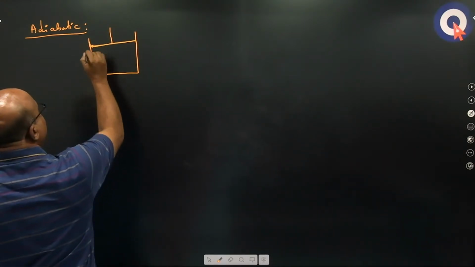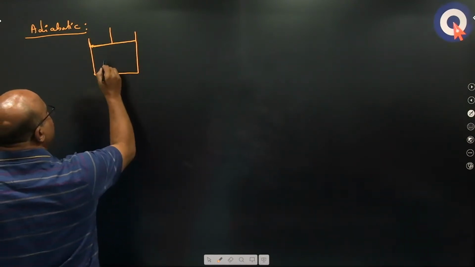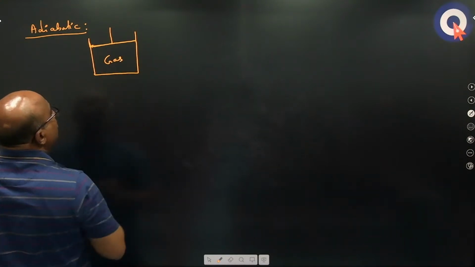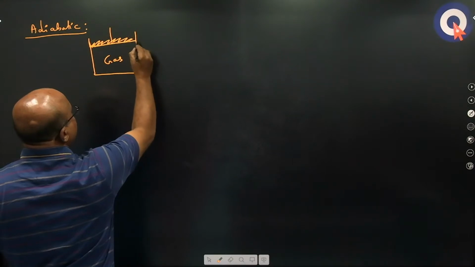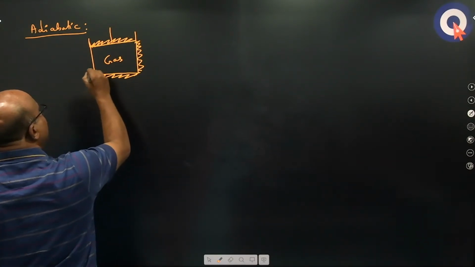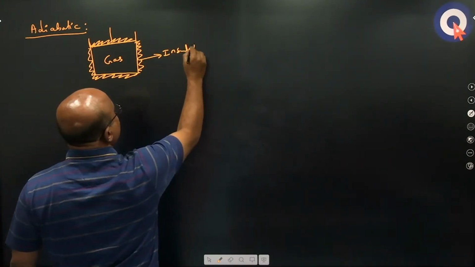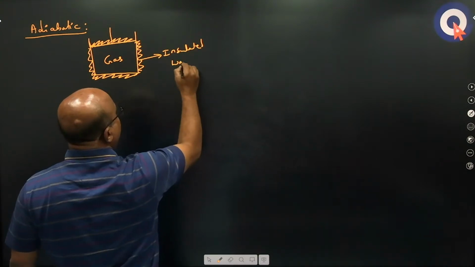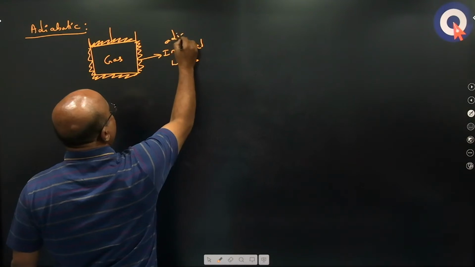So you say there is a piston, weightless, frictionless generally. We have a gas in it, but the piston walls and the walls of the vessel are properly insulated, or we call the walls adiabatic walls.